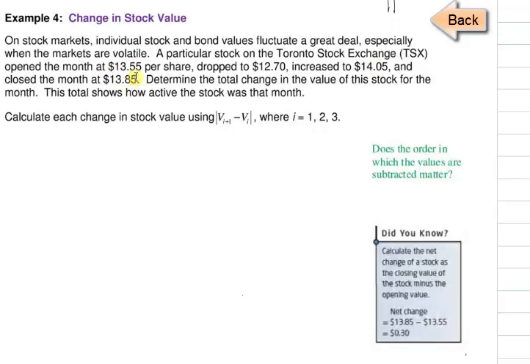Okay, so we're going to let V1 be $13.55, V2, okay, so our first value is $13.55, our second value is $12.70, our third value is $14.05, and our fourth value is $13.85.